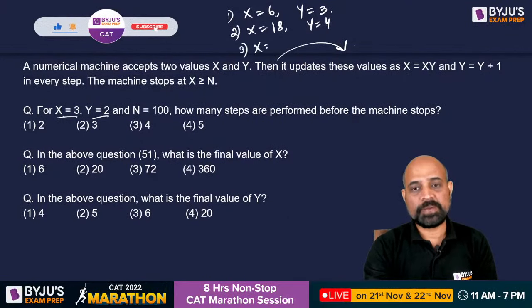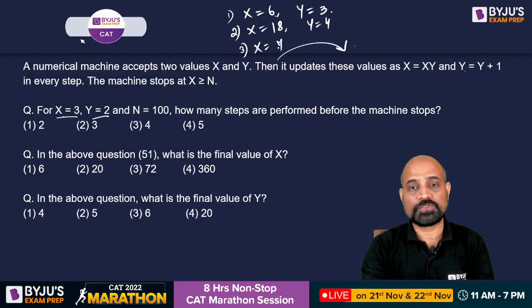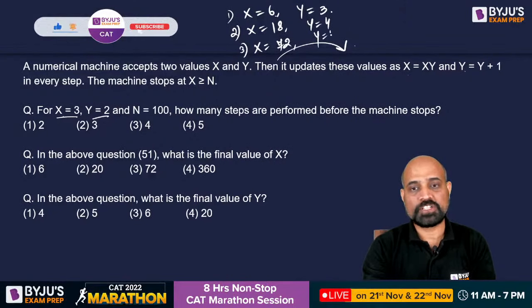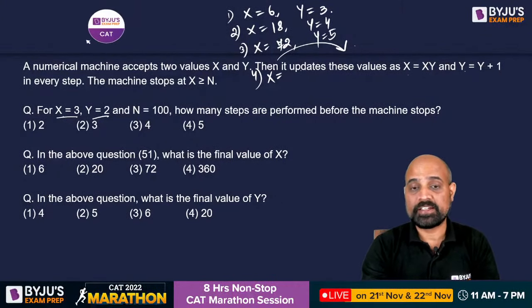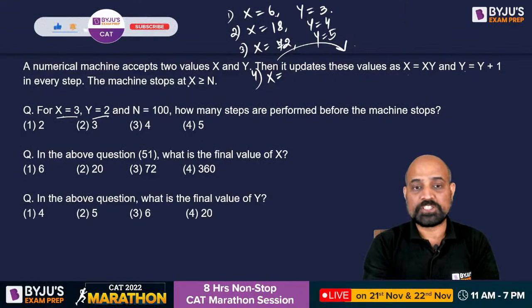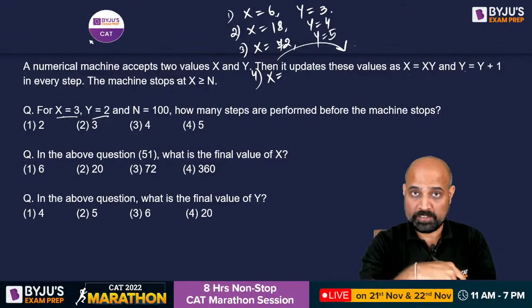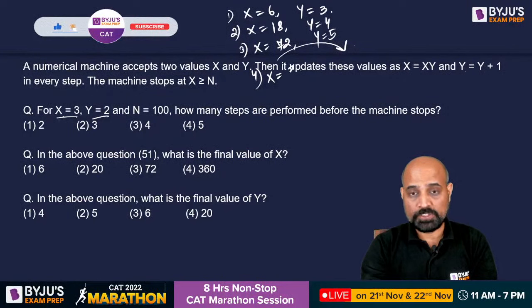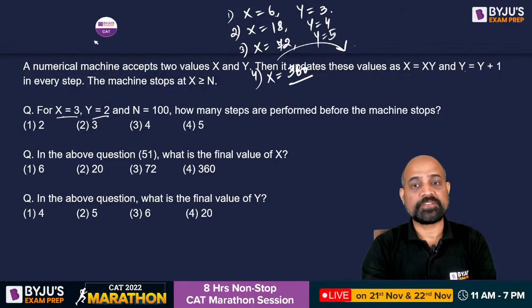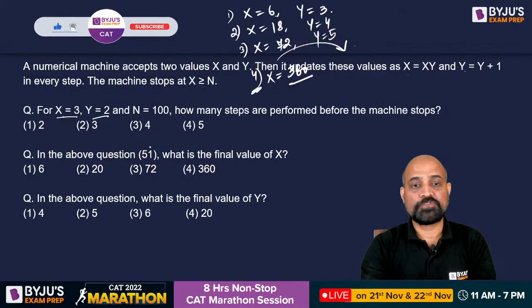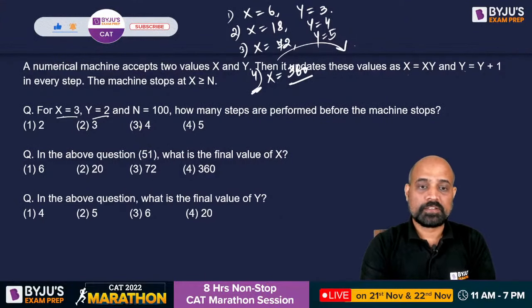In the third step, x is going to be 18 into 4, which will result in 72, and y will change to 5. And in the fourth step, x is going to cross 100, right? So the machine stops when x is more than n or equal to n. So x will stop here when it is 72 into 5. So in 4 steps, the machine stops.